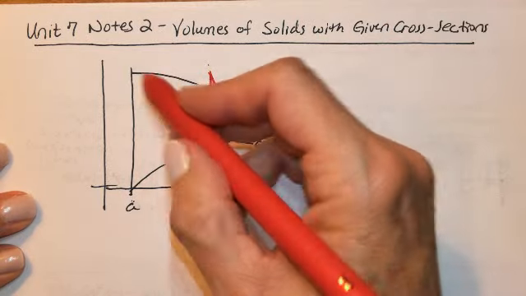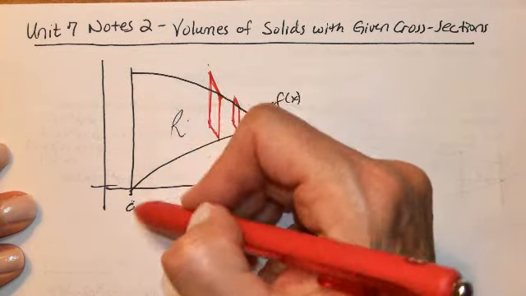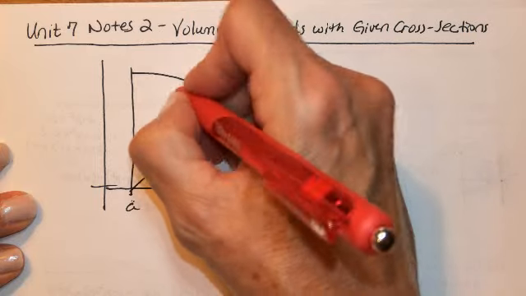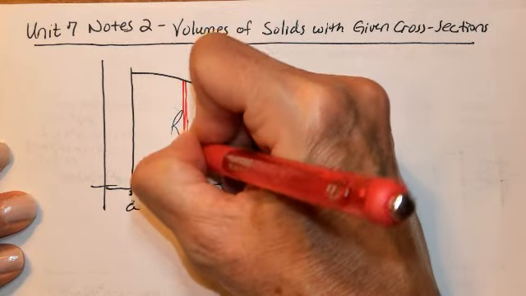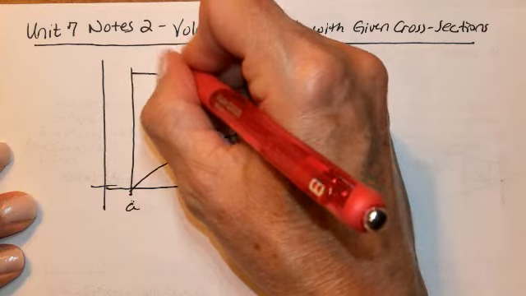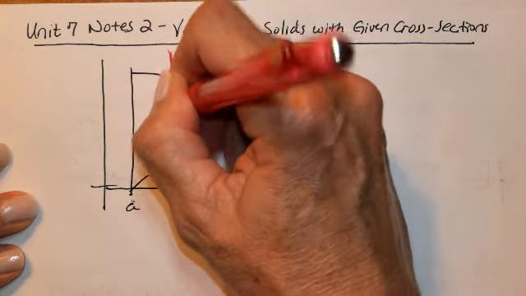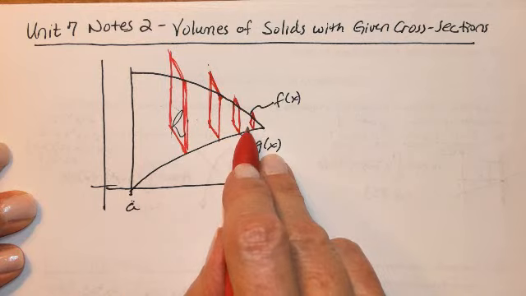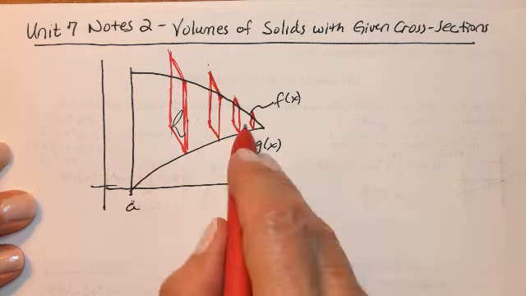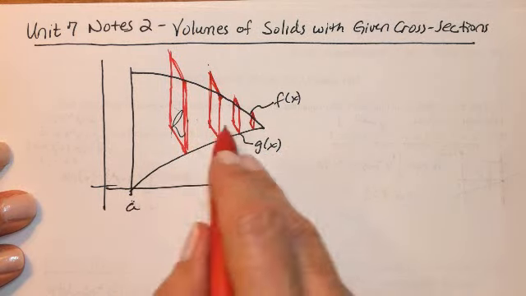And the largest square would be if I took the cross section right here, at x is equal to a in this case. But if I took it here, you can see this cross section would be quite a bit bigger than that cross section. So can you kind of visualize what's happening here?